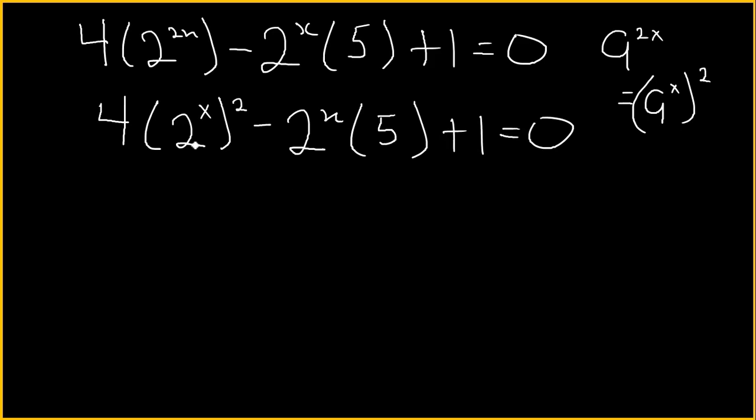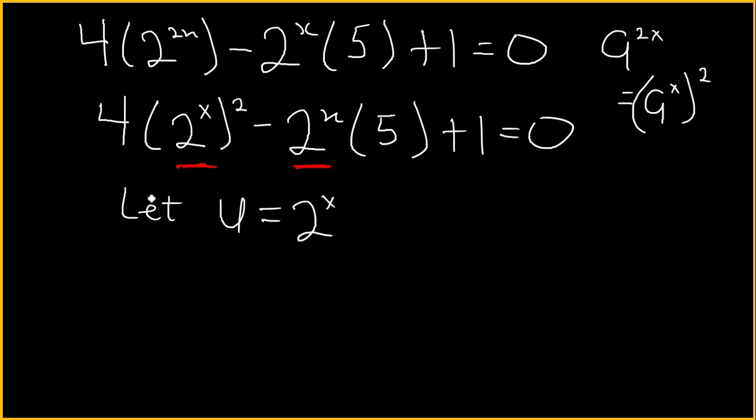So here we have a common exponential term which cuts across all the terms, and that term is 2 raised to the power x. We have 2 raised to the power x here at the constant term. So we are going to equate 2 raised to the power x to a different variable. We are letting u be equal to 2 raised to the power x.